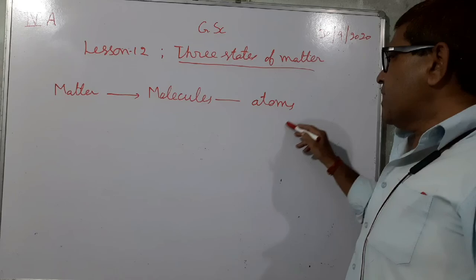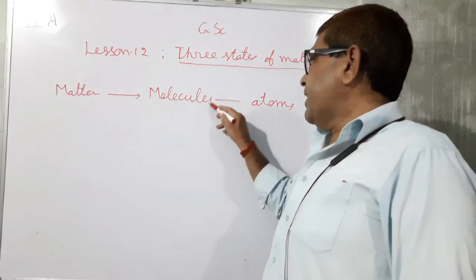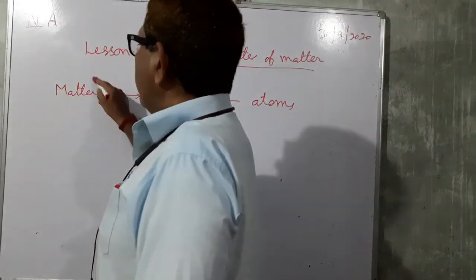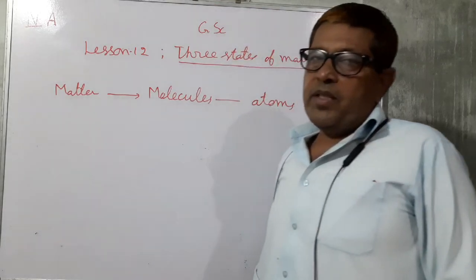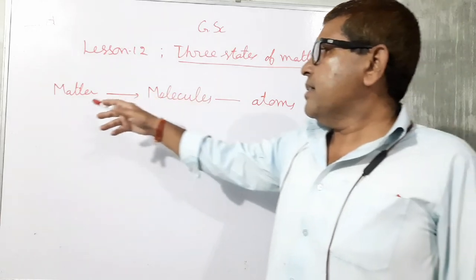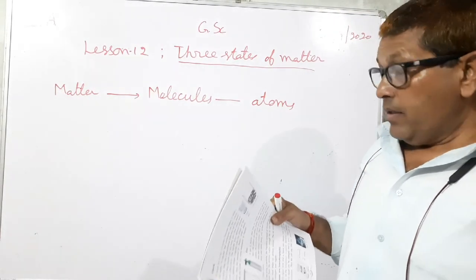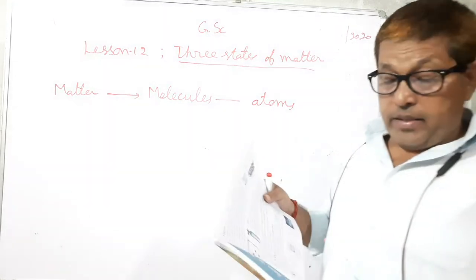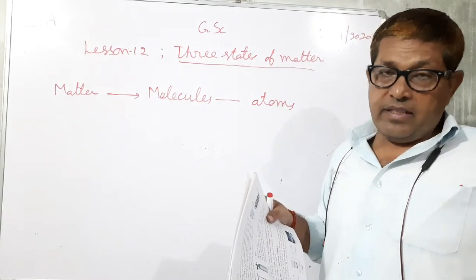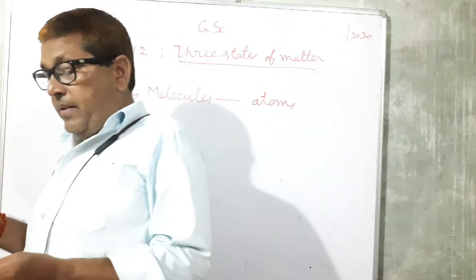These smallest things form a little bigger thing called molecules, and molecules form the biggest thing. These are called matter. So this is the smallest one, and this is the biggest one. As a whole, all materials are called matter.